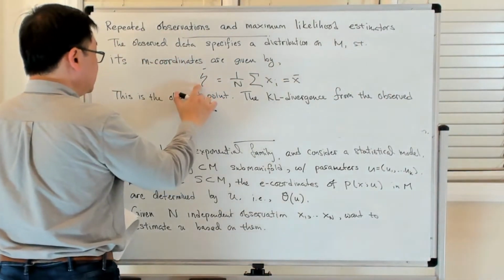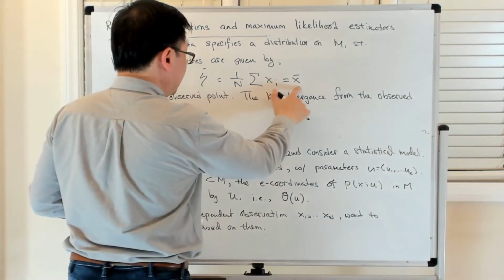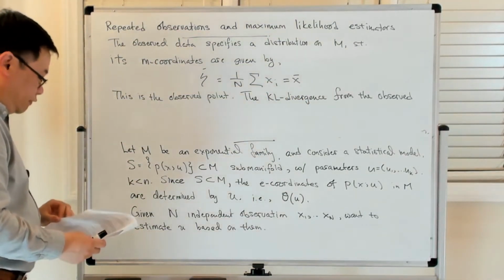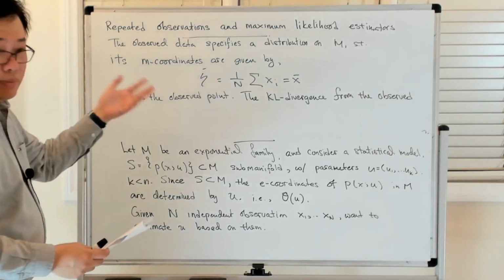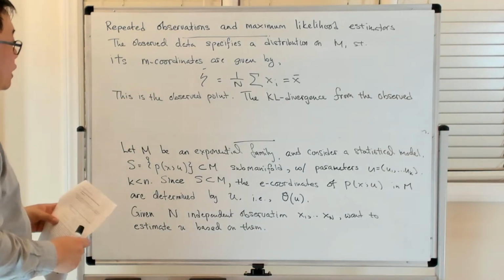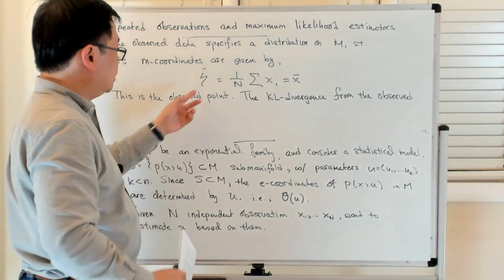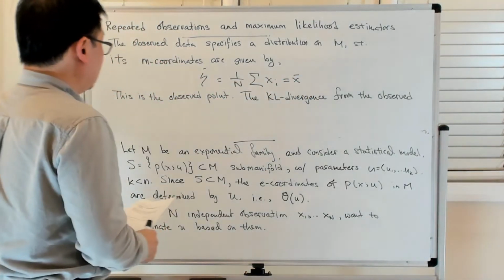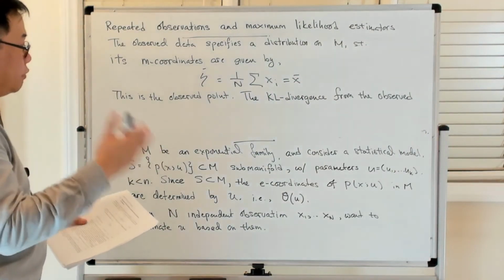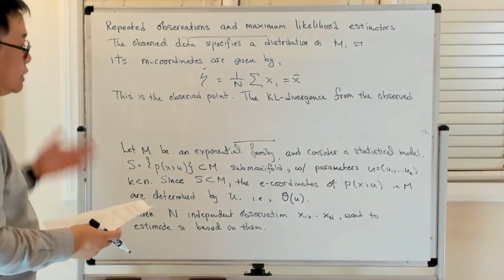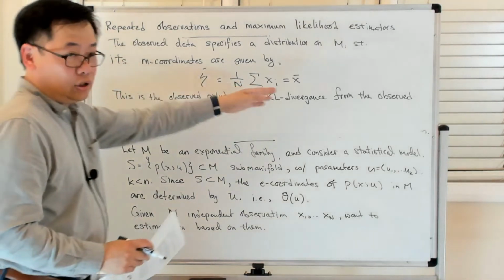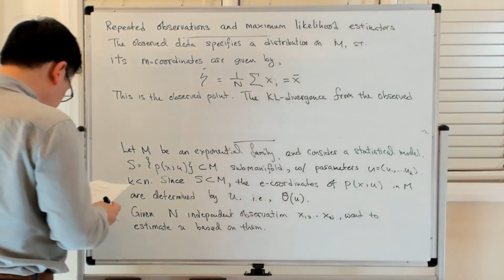Again, this is the dual coordinate, and I'm just letting it be x bar. This is similar to the case we looked at before when we were talking about the maximum entropy principle, if you recall. And the trick is to think of the dual variable as this observation, and because of the way the Bregman divergence, and in particular the KL divergence, can be written, you can take advantage of that formulation.